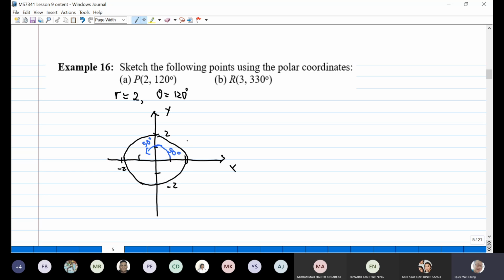So this point here, you join the direction now. Okay, the point is here.